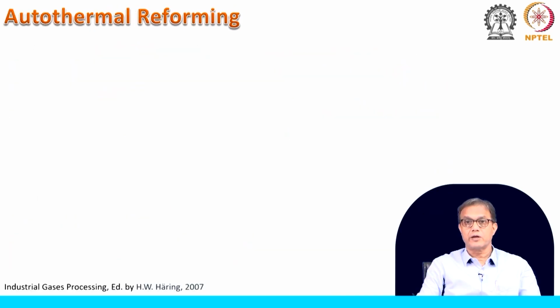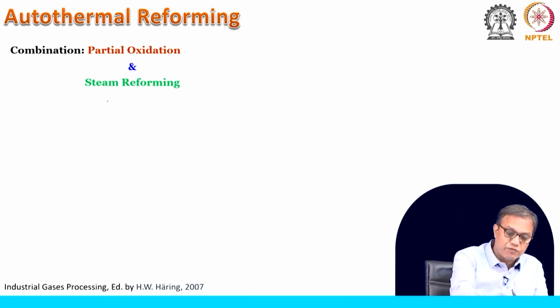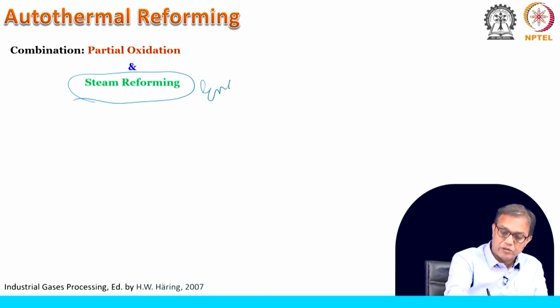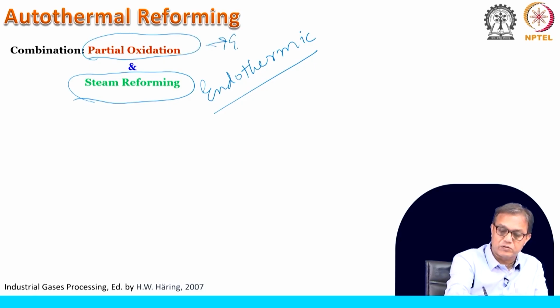So, next is the autothermal process. As you can understand, it is basically a combination of partial oxidation and steam reforming, because if you look at these two reactions, steam reforming is endothermic, where you need energy, and partial oxidation, as we have understood, is exothermic.